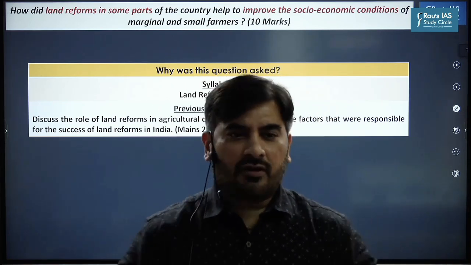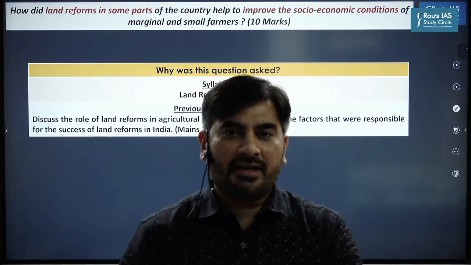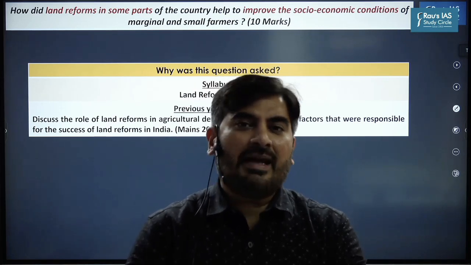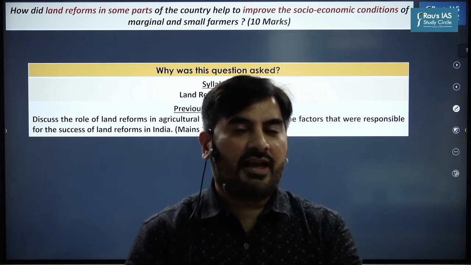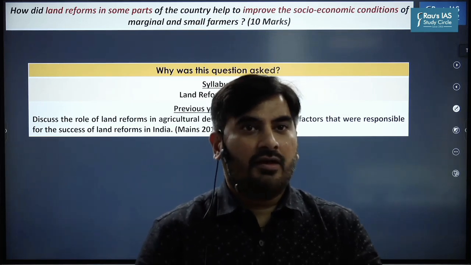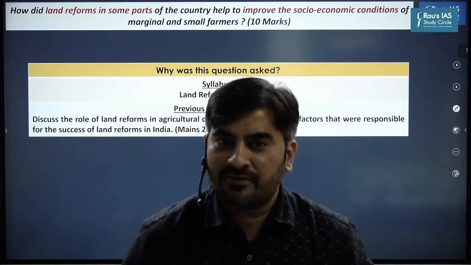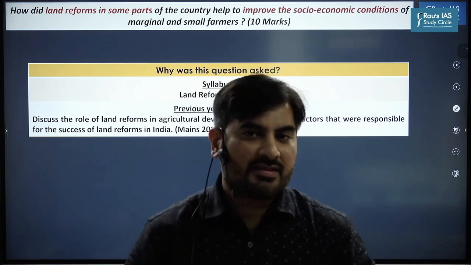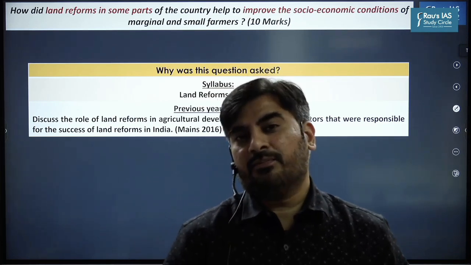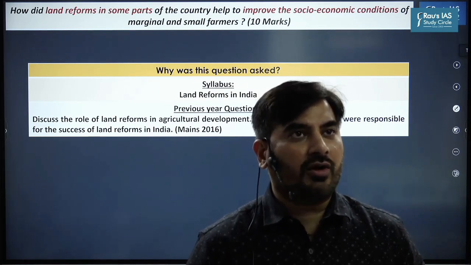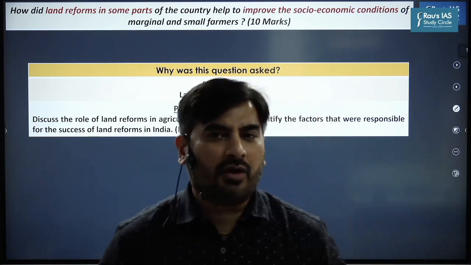I hope most of you would have studied in Indian history about the different types of revenue settlement systems introduced by the British, right? The British had introduced different types of revenue settlement systems, such as the permanent settlement, zamindari system, ryotwari system, mahalwari system, and so on.